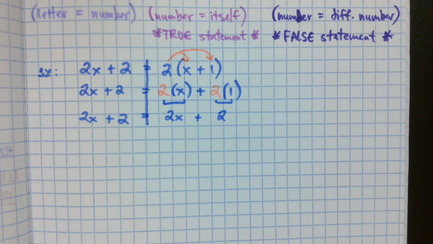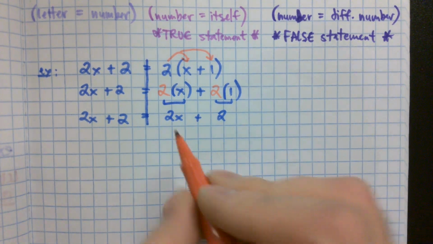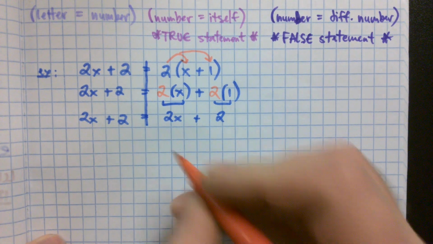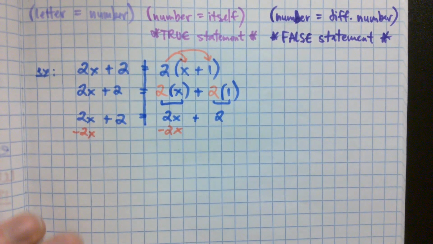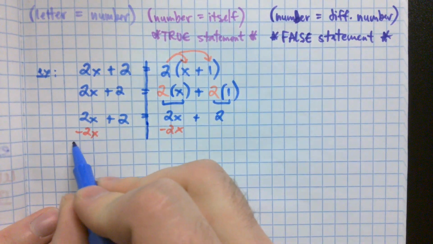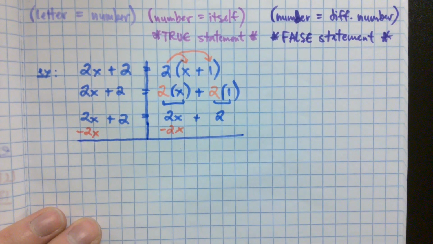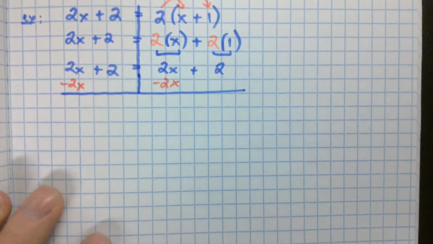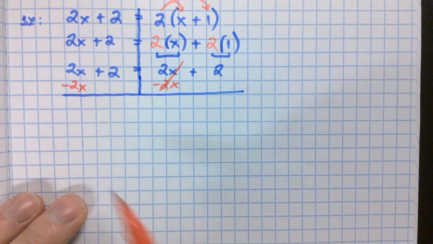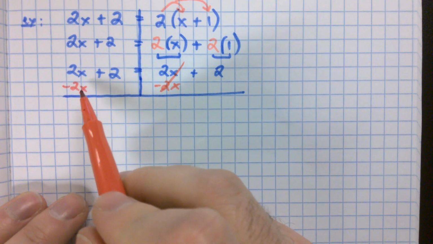Anyone remember what my next step here would be? Perfect, absolutely. We're going to subtract my variable term over to the left, minus 2x minus 2x, and we're going to see something interesting here. What happens with 2x minus 2x? It's 0. We can cancel it out. But over here, we also have 2x minus 2x.